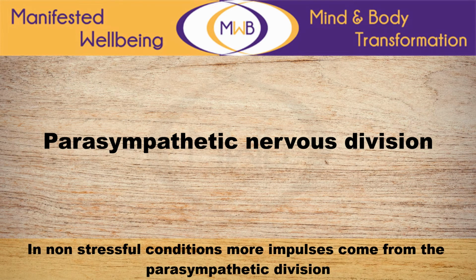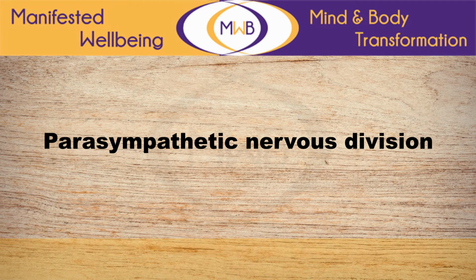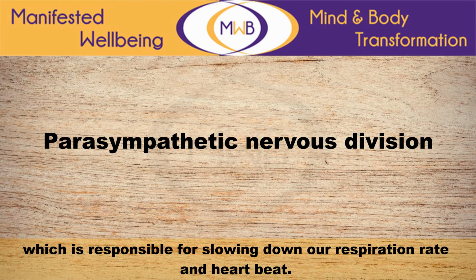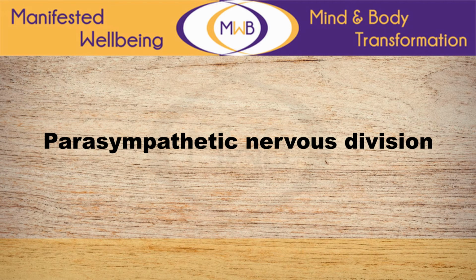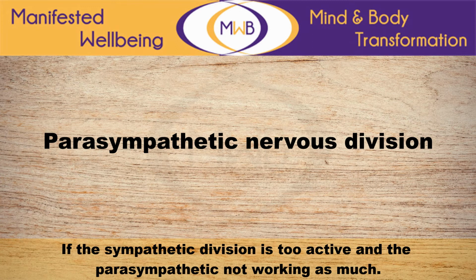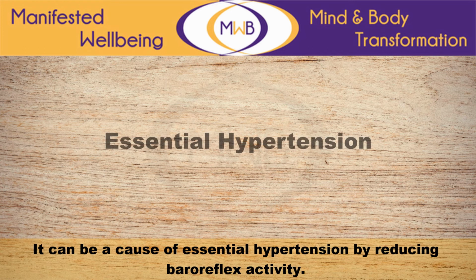In non-stressful conditions, more impulses come from the parasympathetic division, which is responsible for slowing down our respiration rate and heartbeat. If the sympathetic division is too active and the parasympathetic not working as much, it can be a cause of essential hypertension by reducing baroreflex activity.